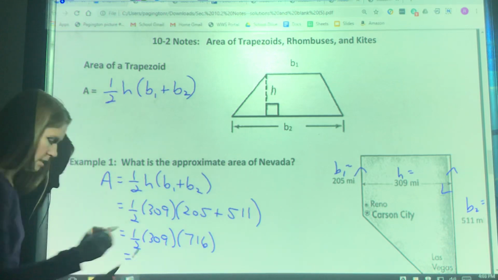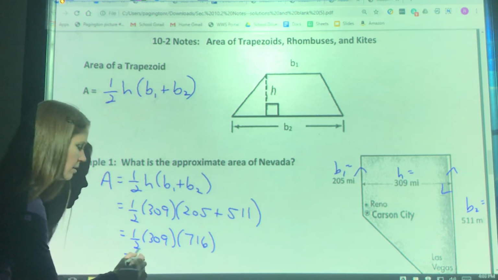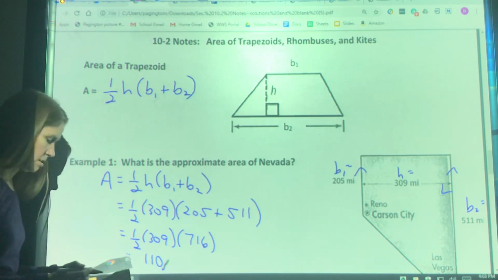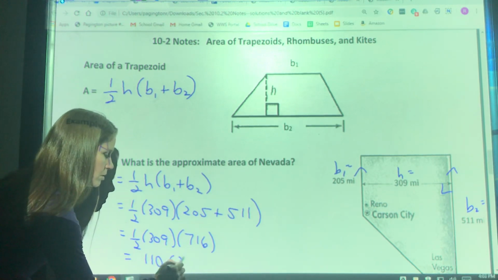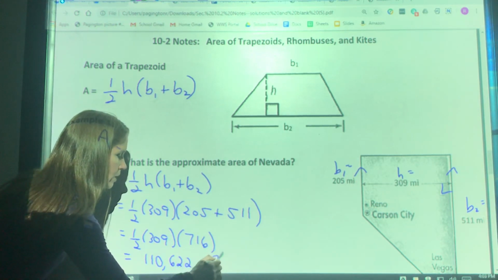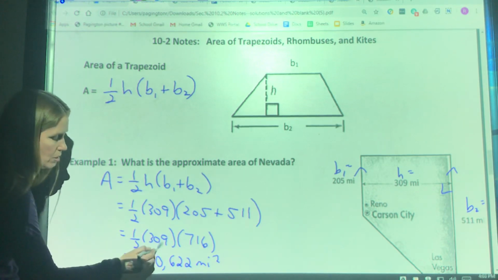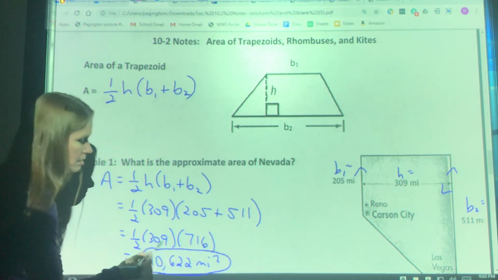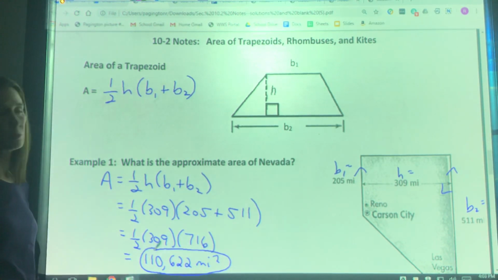But either way, in this case, I would get 110,622 miles squared. Again, don't forget to put units with your answer. Again, a big number, but state of Nevada is pretty big.